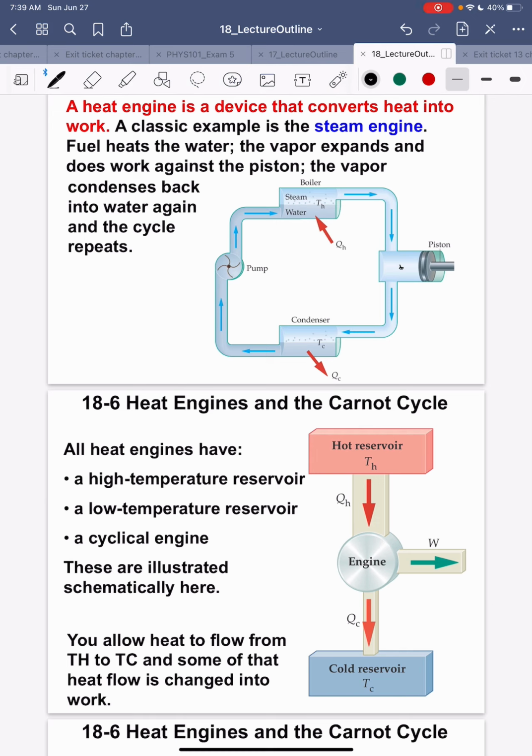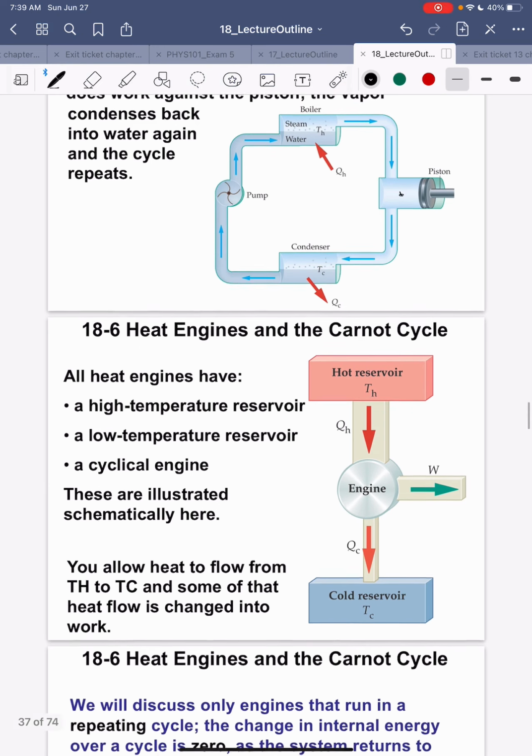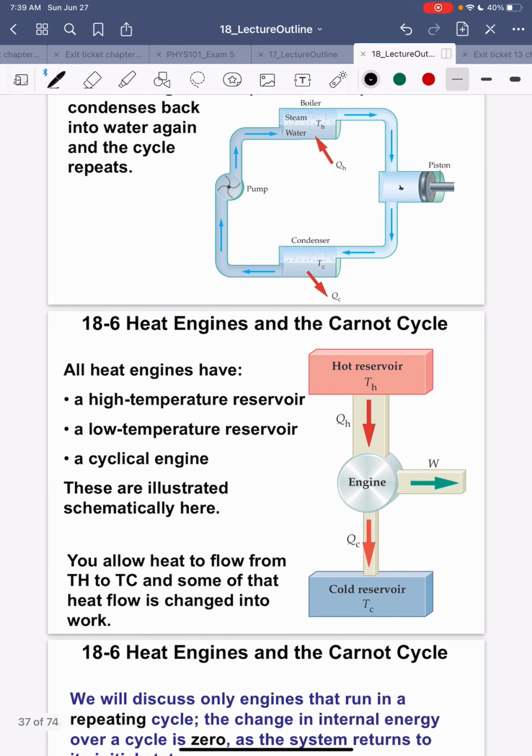And we have a cyclic engine that is going to make work be done. Heat flows from TH to TC, and some of that heat flow is changed into work. Then we will see that QH is equal to W plus Q cold.